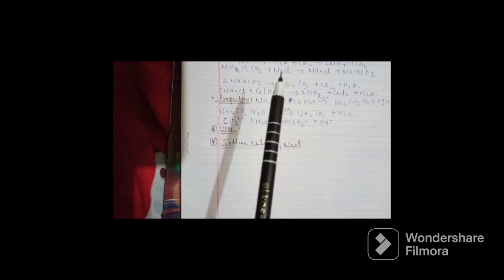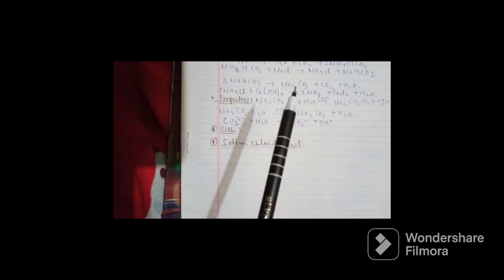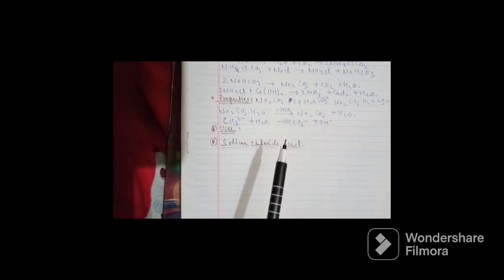Sodium chloride melts at 1081 Kelvin. It has a solubility of 36 gram in 100 gram of water at 273 Kelvin, and the solubility does not increase appreciably with increase in temperature.